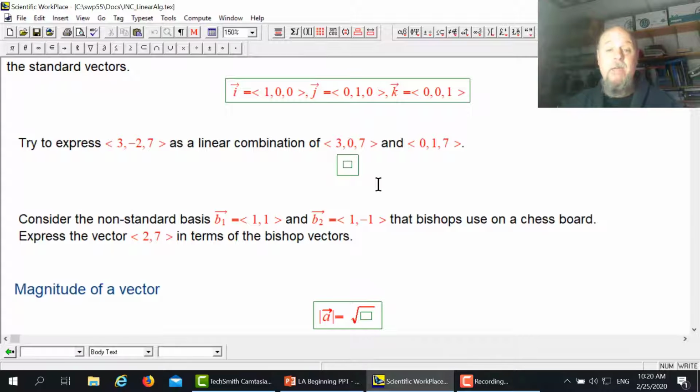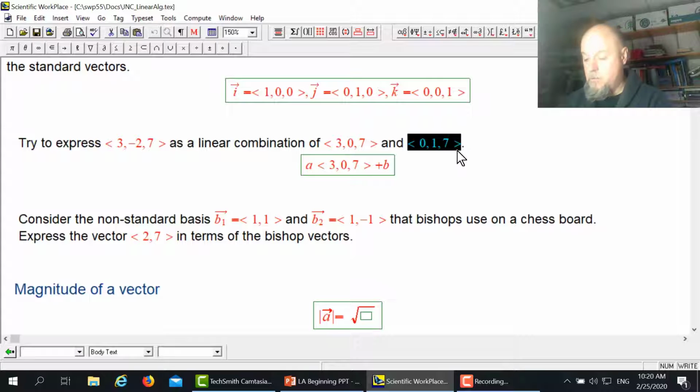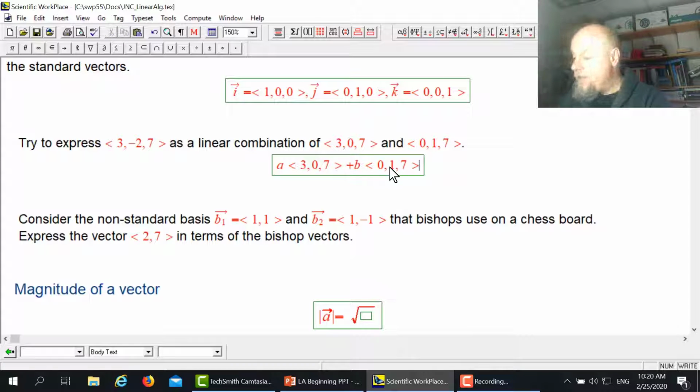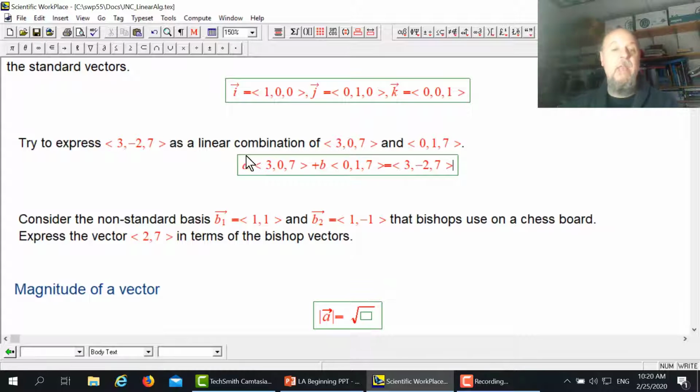If I can, that means I should be able to take some number of the first vector plus some number of the second vector, and that linear combination should equal the vector I want. So if I can find a and b numbers that do that.